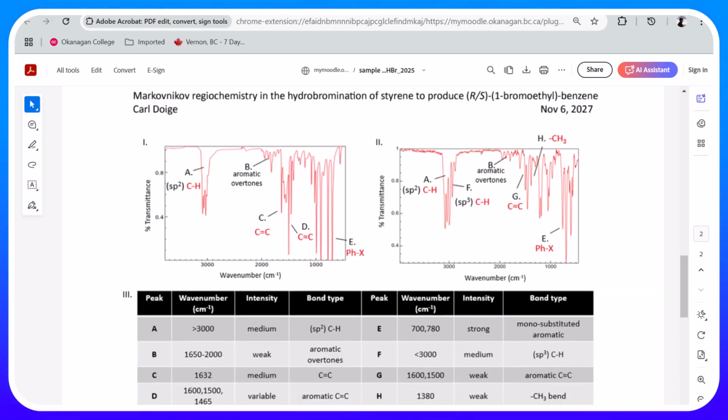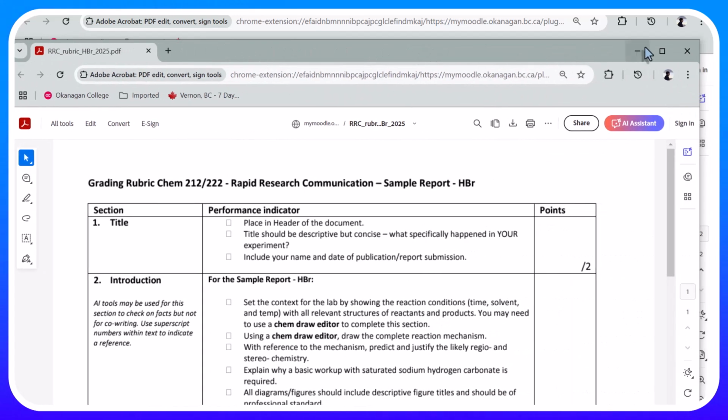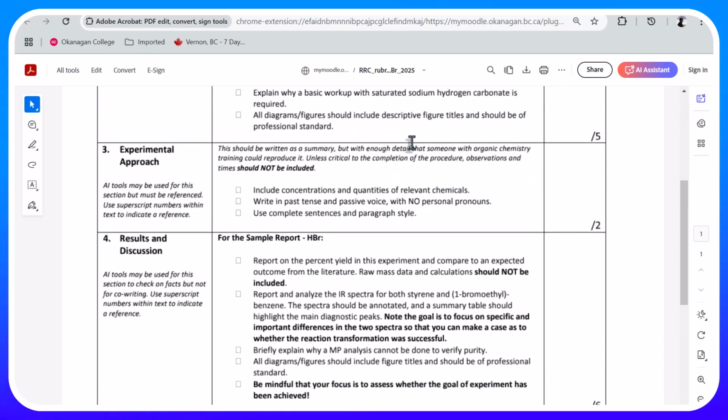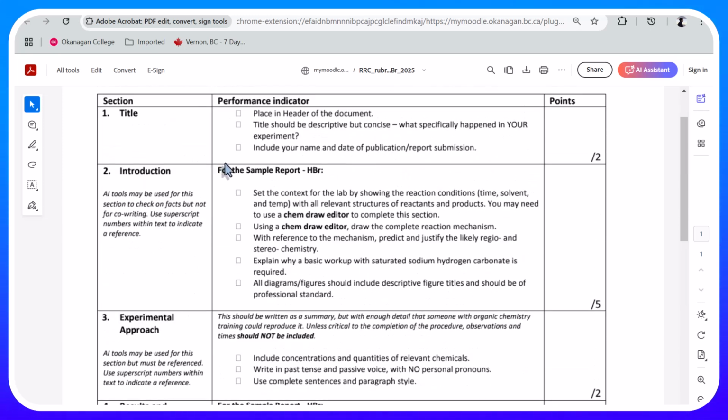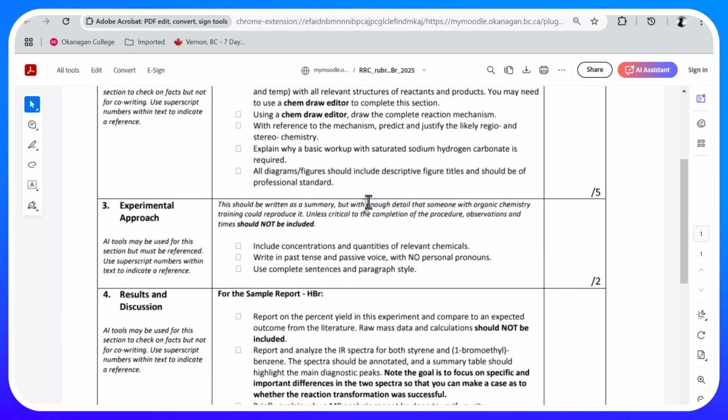Now I'm just going to drag over briefly the rubric here. You'll see that in the rubric, and of course there'll be a rubric for every report, there is no section now for the summary or abstract. I emphasize when I want you to use a draw editor. I have very specific questions, so please be sure to answer those questions.